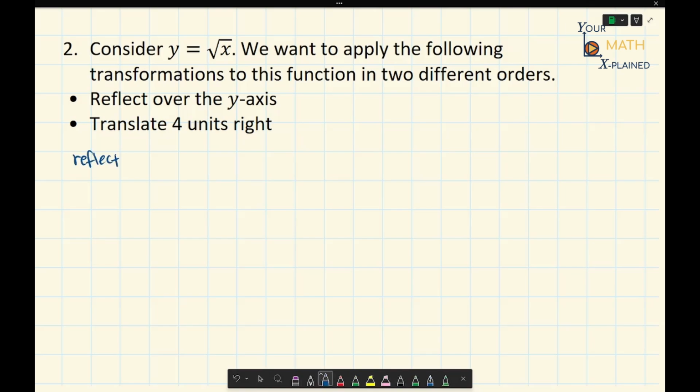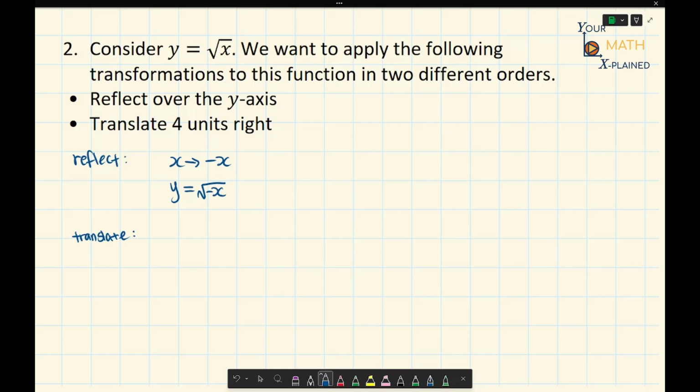Reflecting over the y-axis means we're going to replace our x with negative x. So what that means is we get y is equal to the square root of negative x. And then we're going to do our translation.